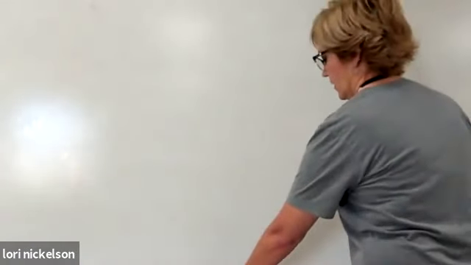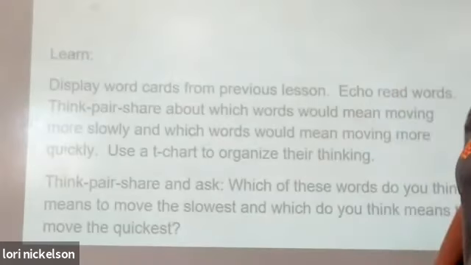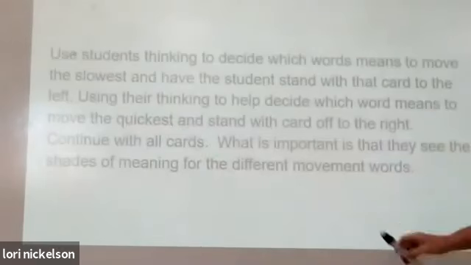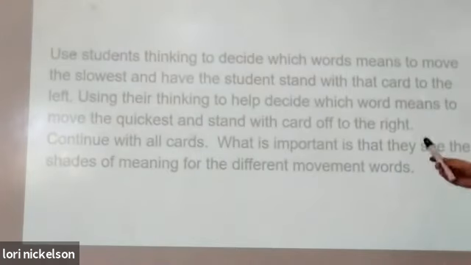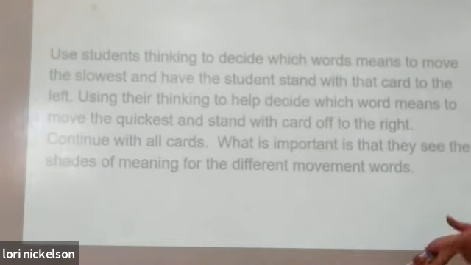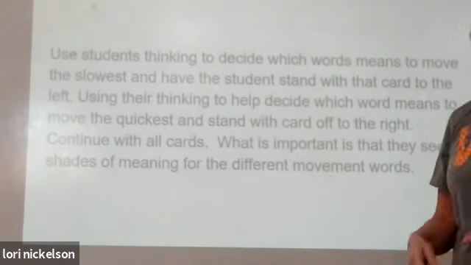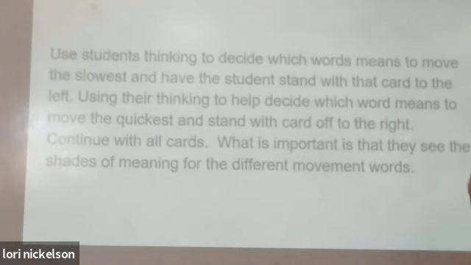Well, there we go. All right, so let's move on. So we decided which words mean to move the slowest, and we decided which ones move the quickest. And we put all those words in an order, and we call that shades of meaning for different movement words. That's what we did.